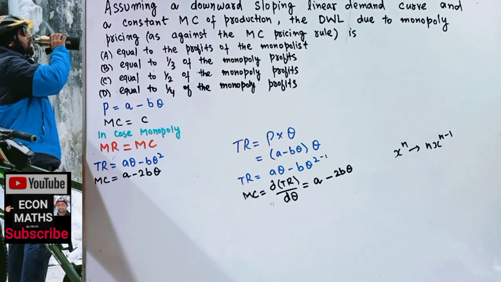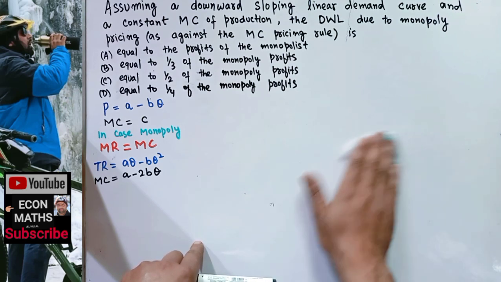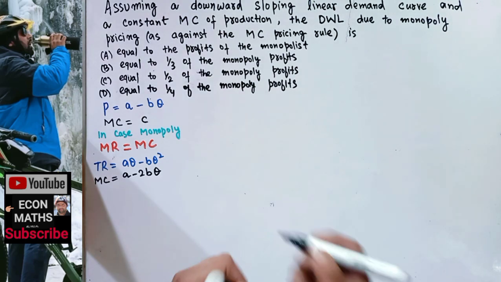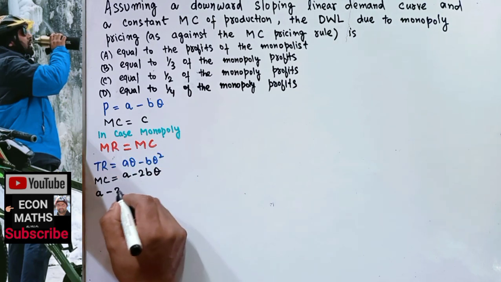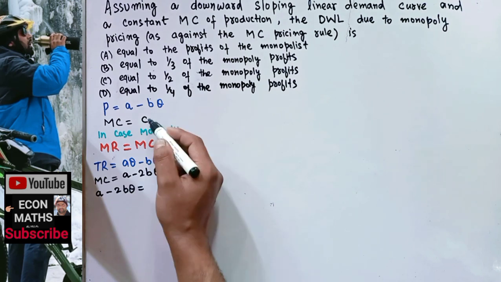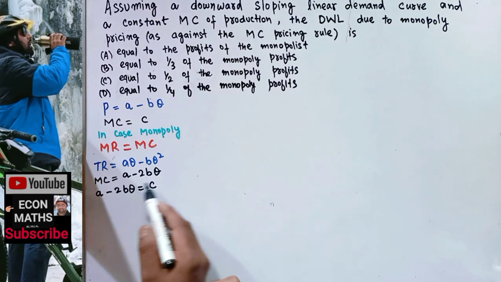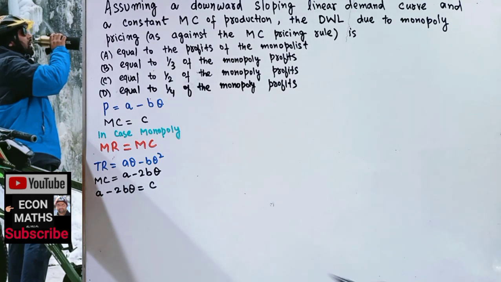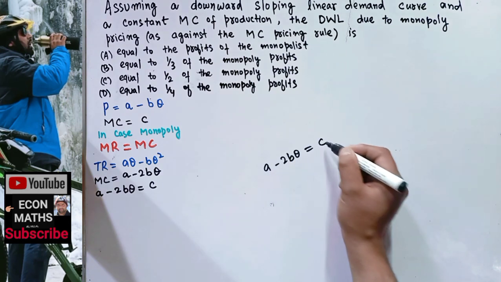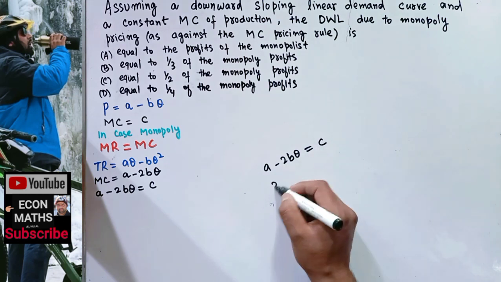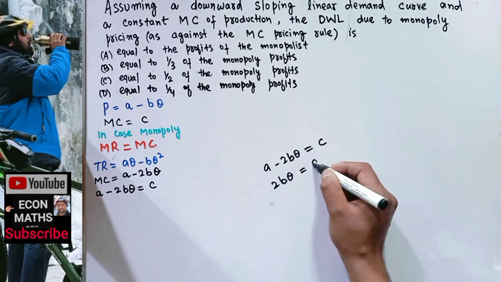Now we equate marginal revenue with marginal cost. Marginal revenue is a minus 2bq, and we equate it with the constant marginal cost, which is c. Solving for q, a minus 2bq equals c, so transposing, 2bq equals a minus c.